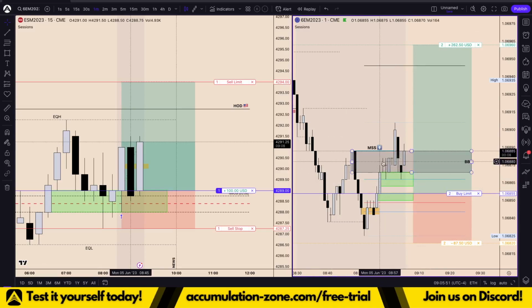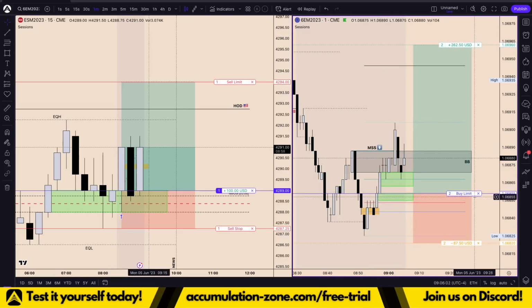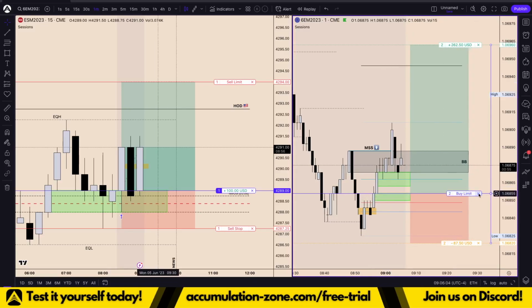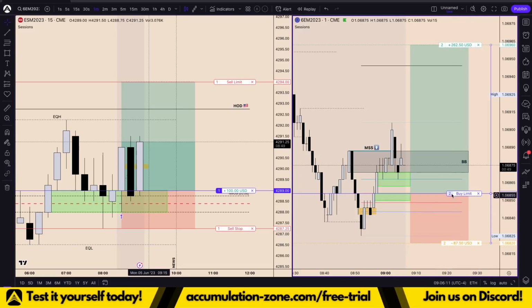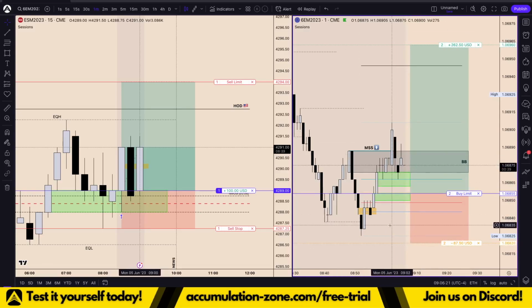My stop loss, if we consider taking a long from here, would be at least below the low of this candle, but we also have a fair value gap here, so it's tricky. We will leave that order on here.